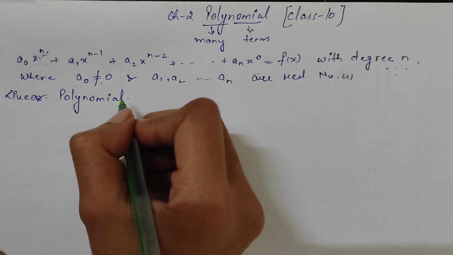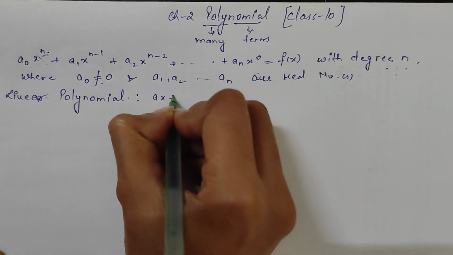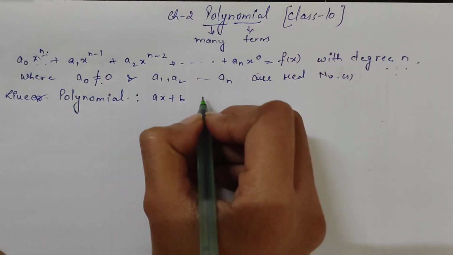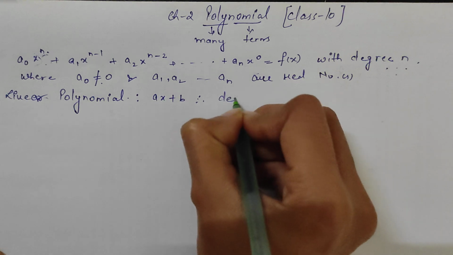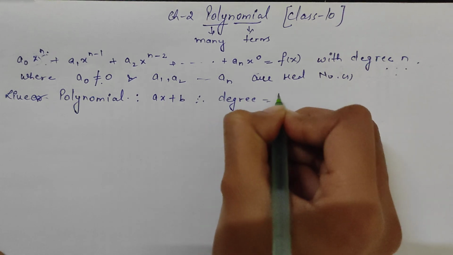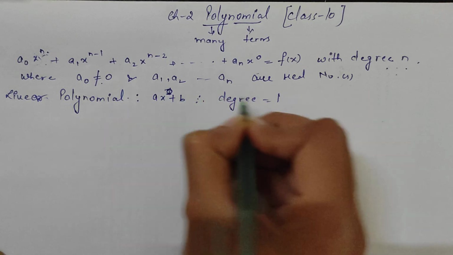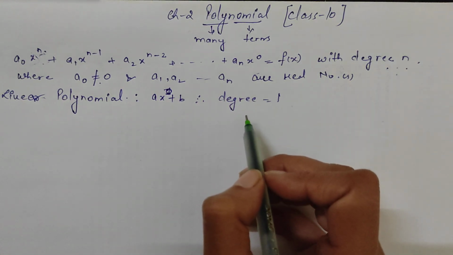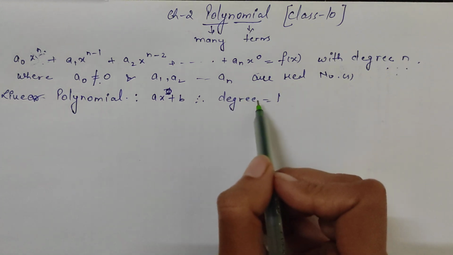Now what does it mean, how does it work? The general form of a linear polynomial is ax plus b, because the degree is 1. The highest power of the variable is 1. Degree is the highest exponent of the variable.